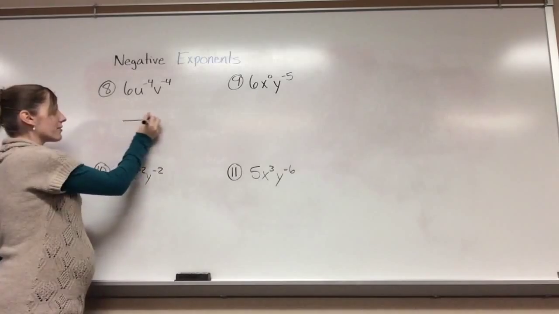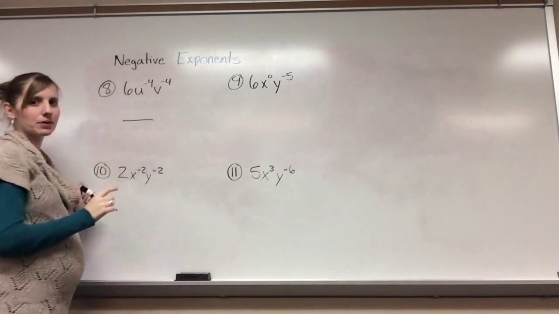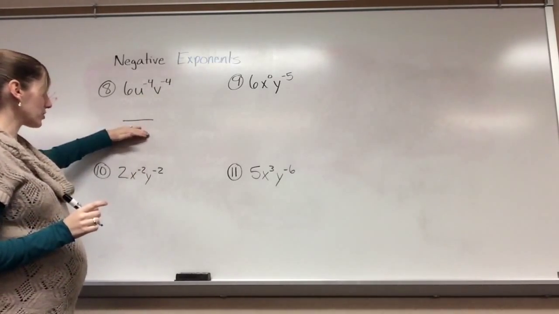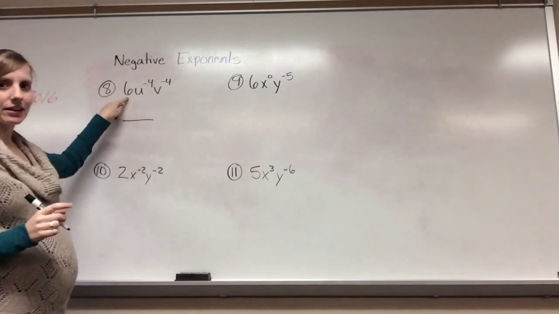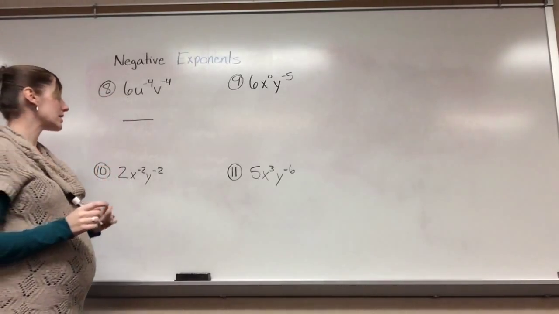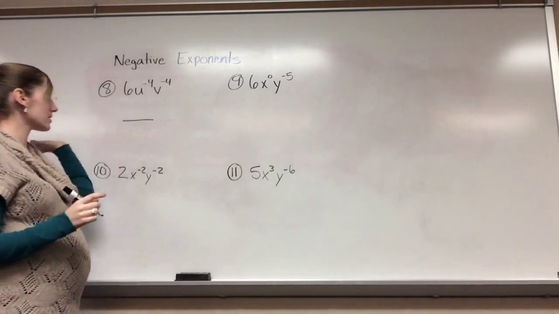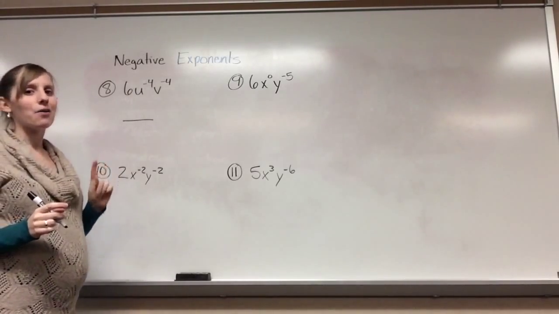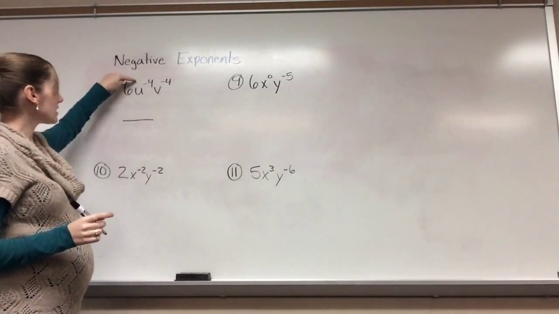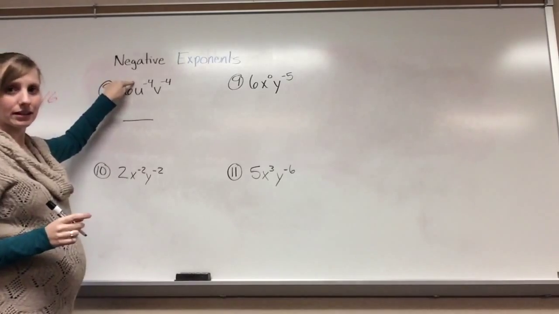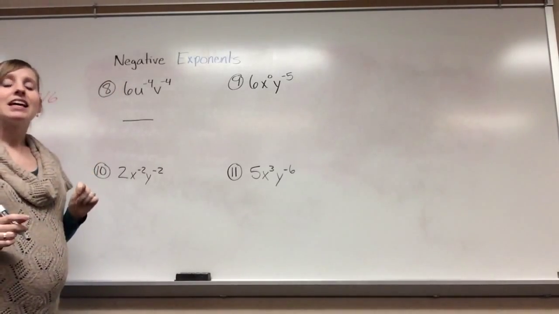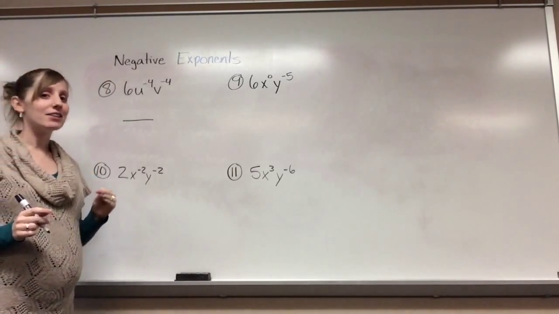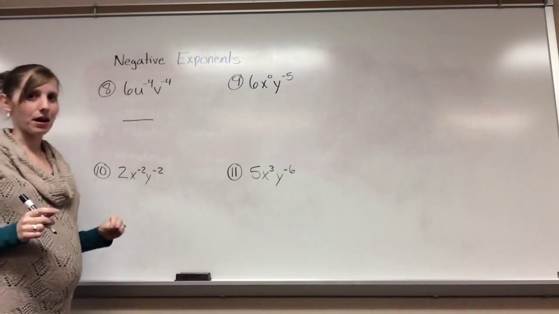I know I'm going to have a fraction because I see negative exponents. So I'm going to go ahead and put my fraction bar. First, look at the 6. Now, at first glance, I want to say, okay, that goes in the denominator because I see negative exponents. However, the 6 does not have an exponent written. When that happens, it is an exponent of positive 1. It's just not put in the problem.